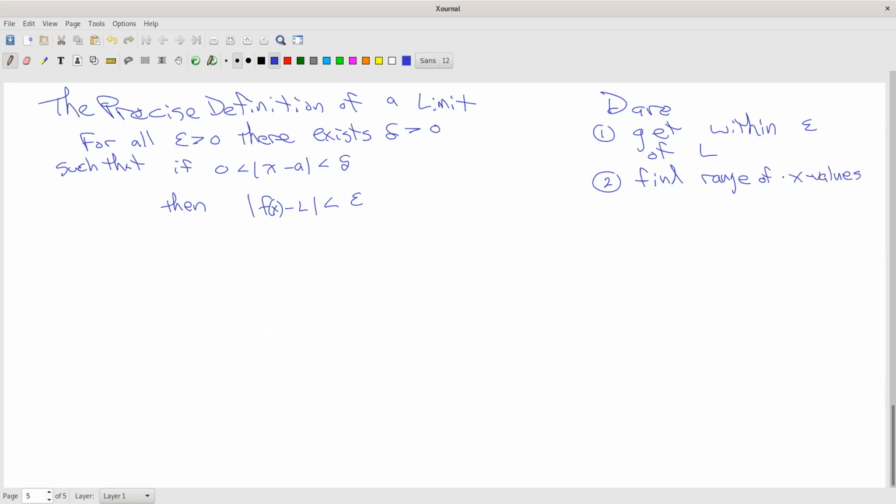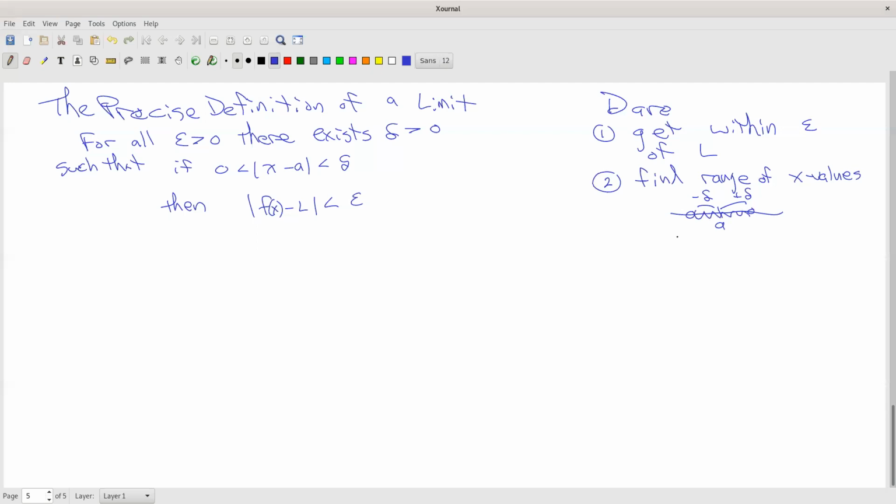And that range of X values is always going to be centered on A, and then delta is the distance we can possibly get away from A. So A is always going to be in the middle, and then we can look out delta to the right or delta to the left. And this right here would be my range of numbers.